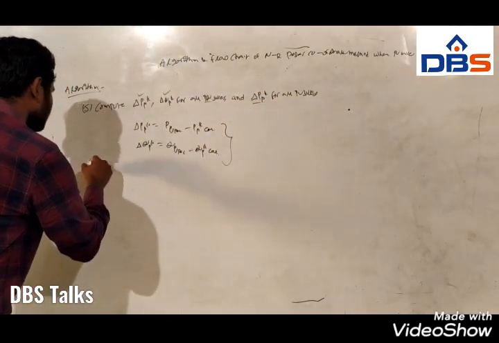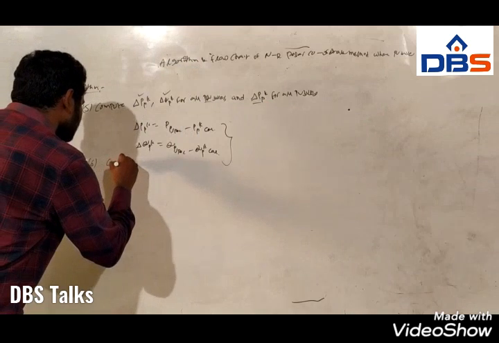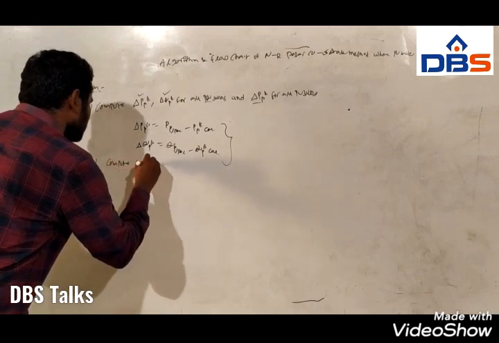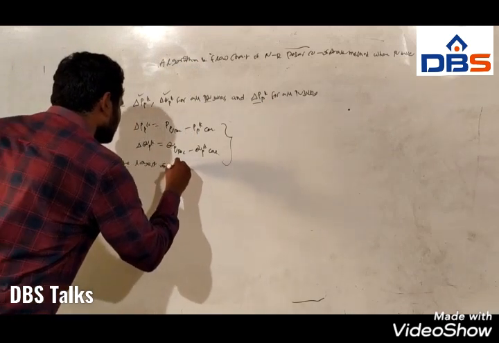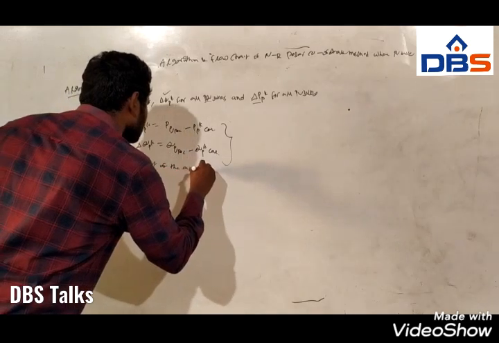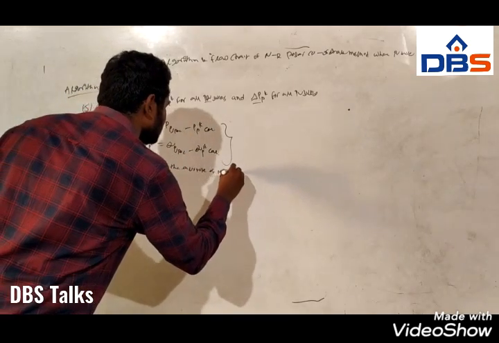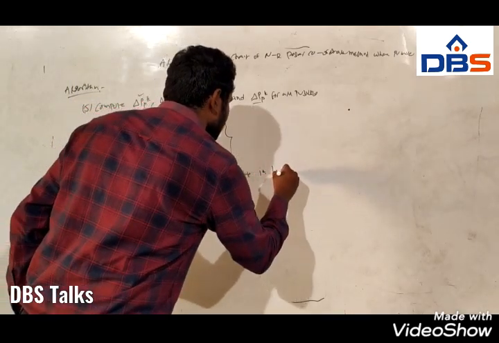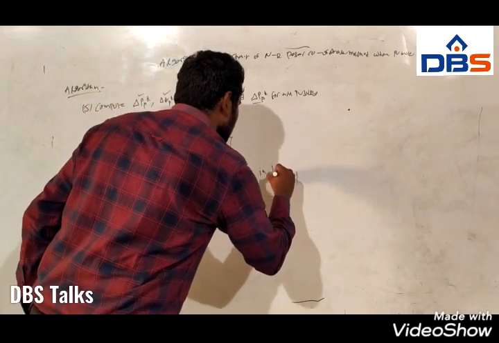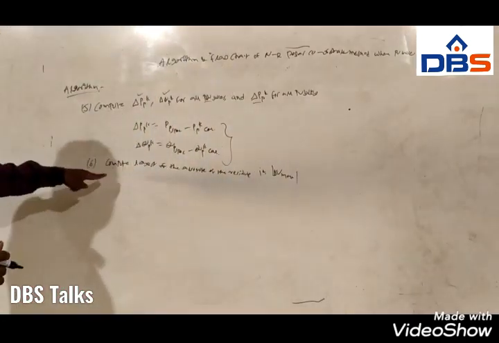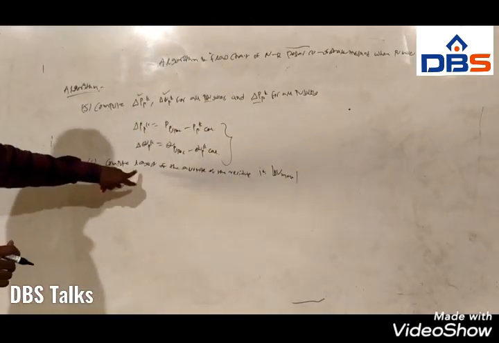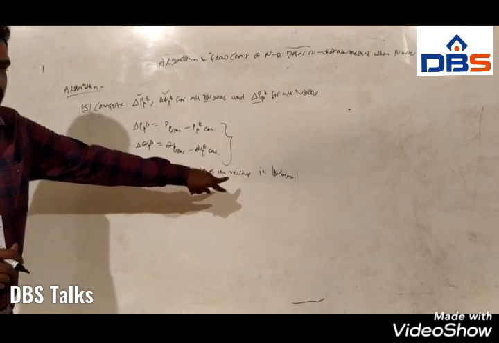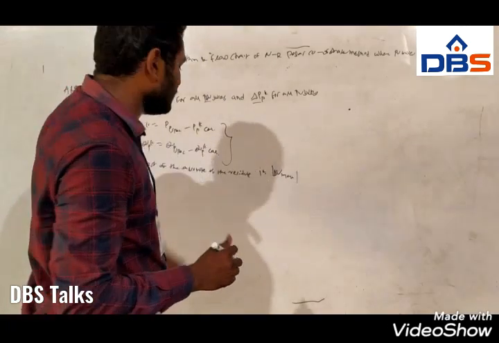Next, compute the largest of the absolute values of the residue, that is delta V maximum. That is the sixth step.